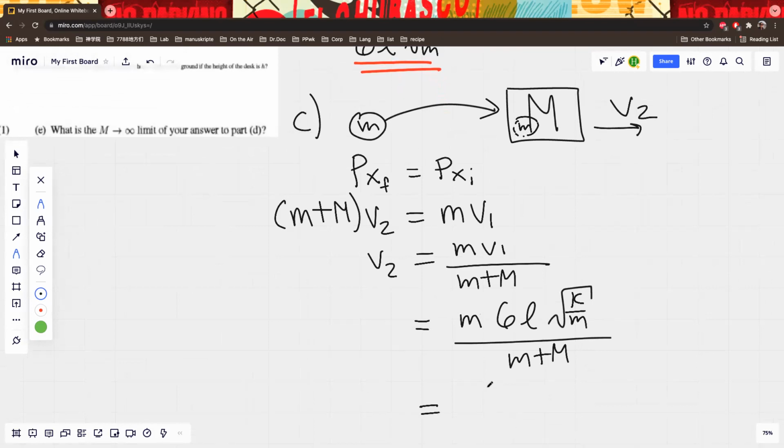Maybe something to do with small mass. Yeah, so we have m over square root of m. What's that equal to? I can't really think straight right now. So we have an m and a 1 over square root of m. So m is equal to square root of m times square root of m.